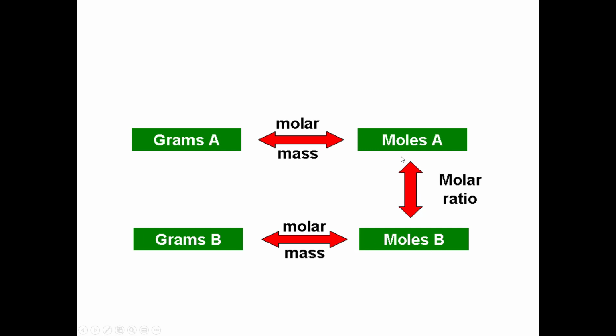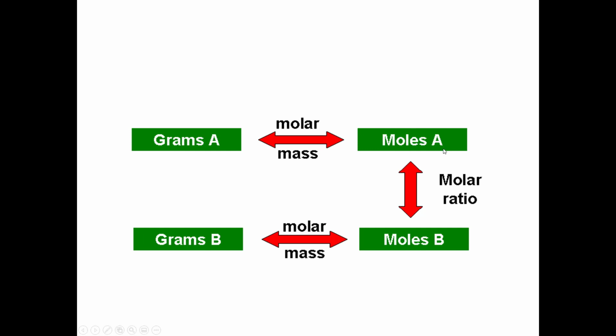And then you can see that we can also go backwards, so we can go from grams of A into moles of B. That's the one we're going to learn next. So we go grams to moles and then moles to moles, so that's 2. And then the third one is grams of A to grams of B. But see how there's no direct path, so we have to go 1, 2, 3 steps.